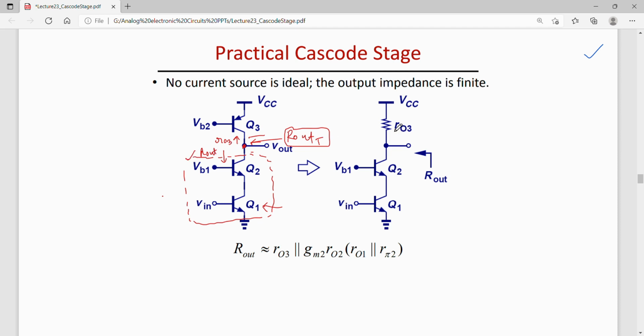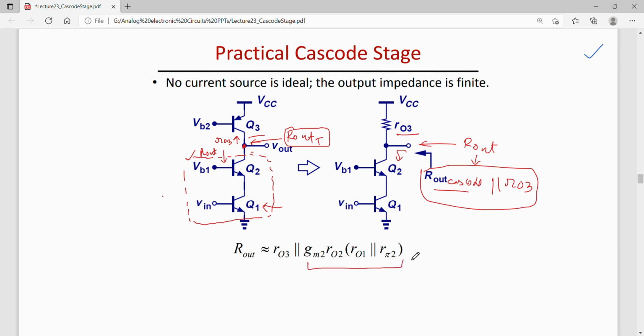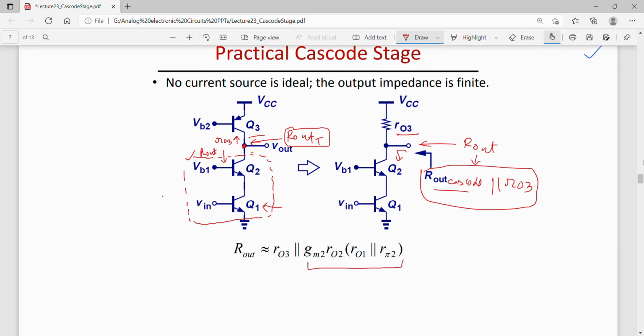Or further, you can simplify this circuit by considering RO3 in place of Q3, and knowing R out of cascode. So R out cascode is already known to me. Now total R out can be found by saying R out cascode parallel to RO3. So this will give me total R out, and R out cascode is known to me. R out cascode we have calculated.